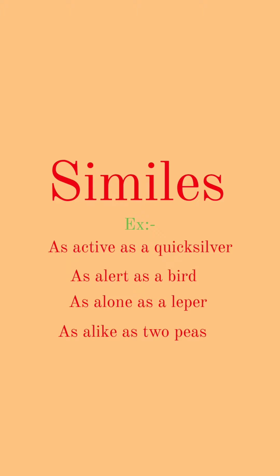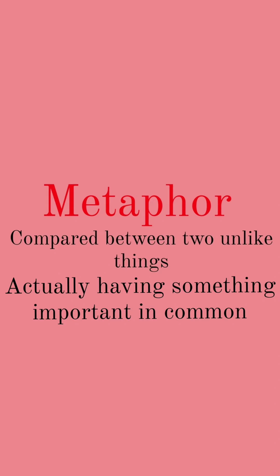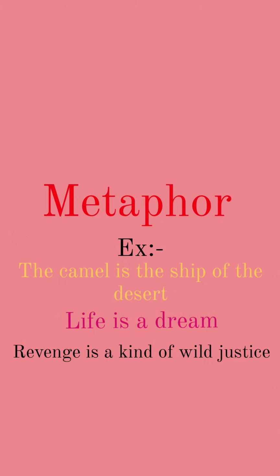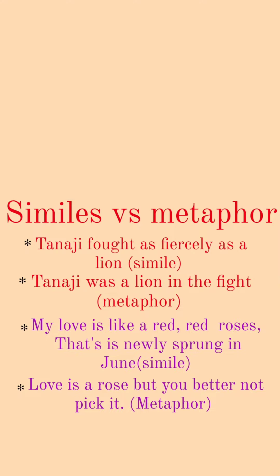Next we have metaphor, which means comparison between two unlike things that actually have something important in common. For example, the camel is the ship of the desert, life is a dream, revenge is a kind of wild justice. One more thing I would like to add here. We can use simile as metaphor and metaphor as simile. I'll give you some examples. Tanaji fought as fiercely as a lion.